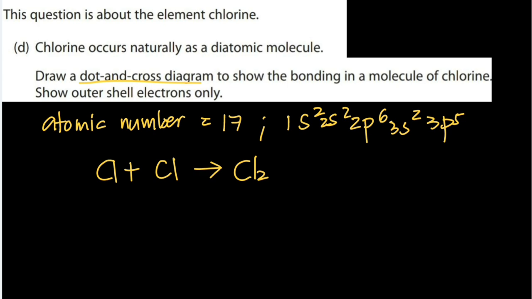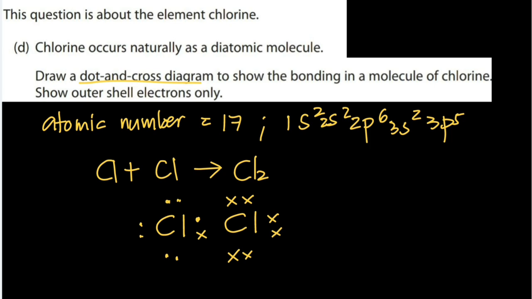So we use dots for one chlorine's electrons and crosses for the other's. So it would look like this. Chlorine, then we have 7 valence electrons. And then another chlorine here, we use crosses. And then one here for the bond.